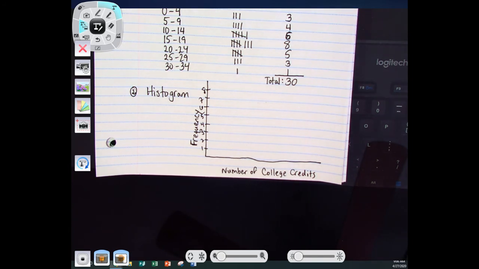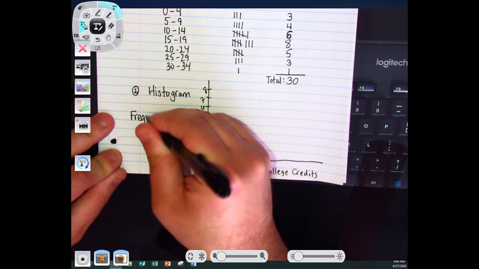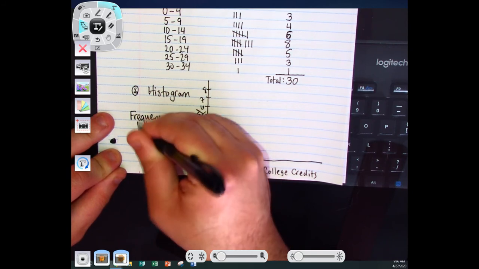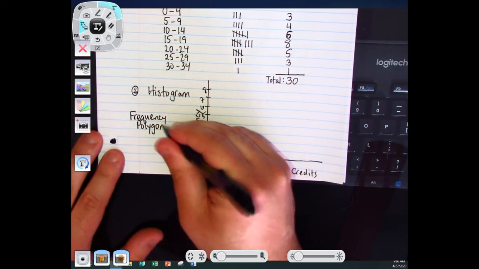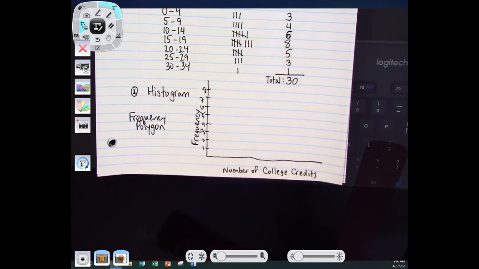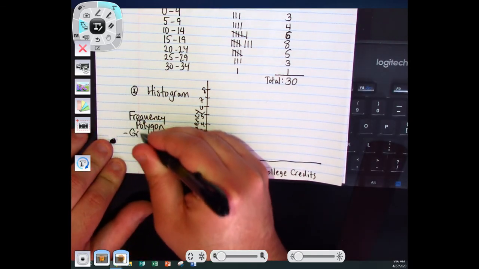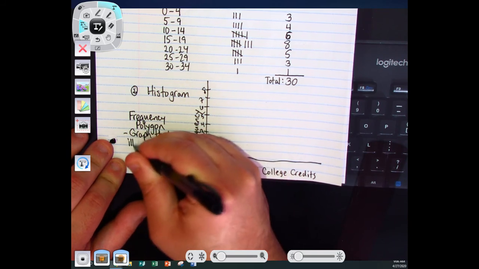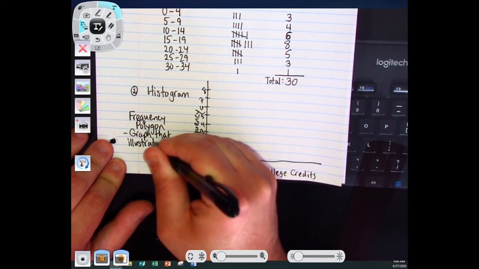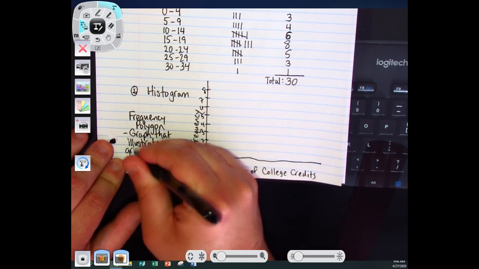In this histogram, we're going to create what's called a frequency polygon. So the frequency polygon is a graph that illustrates the grouped frequency distribution.